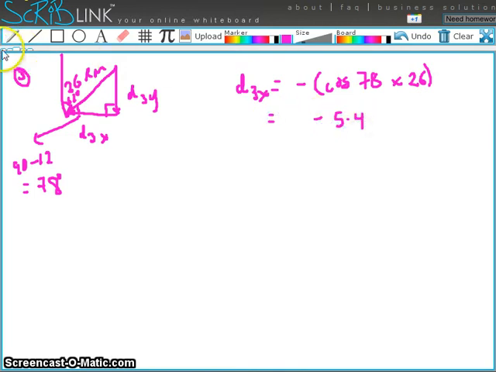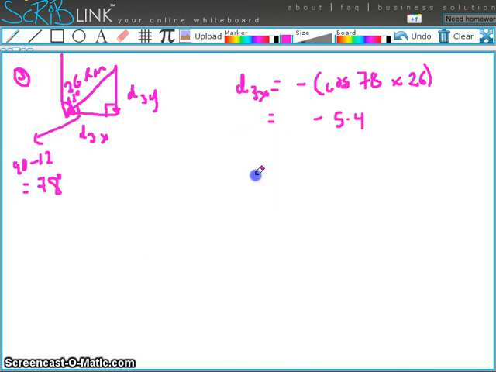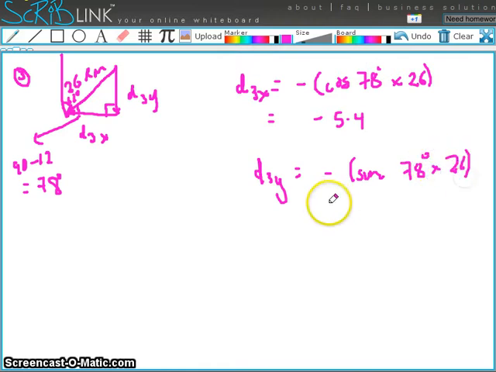Really quickly go back to your table and plug that in. Again, d3y, remember we're going down again, so negative sine 78 degrees, I really should put the degree sign here so you don't get confused, times 26, and this gives me negative 25.